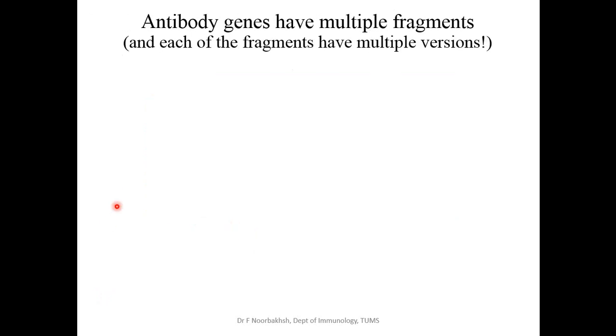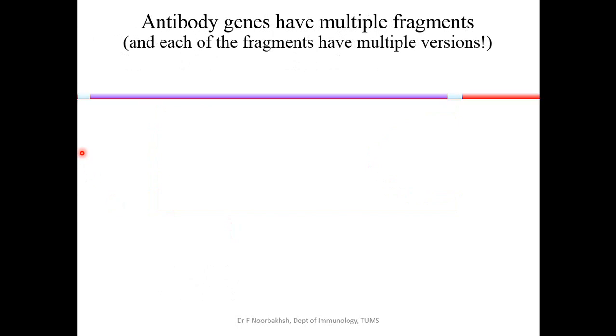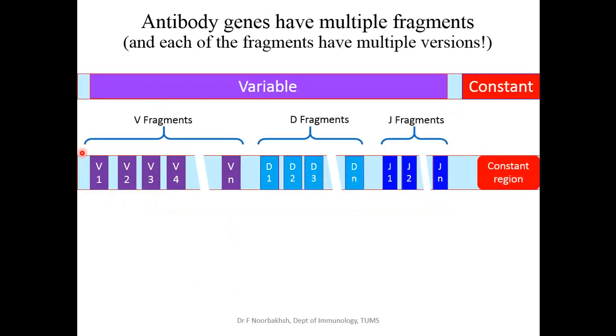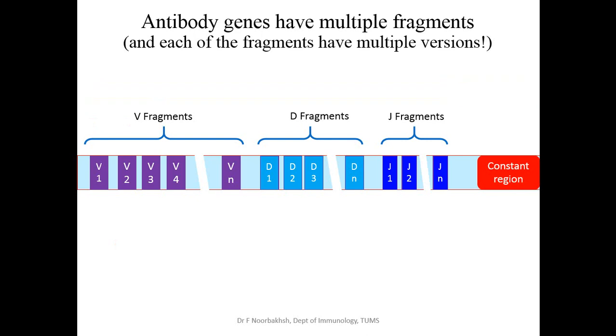So what happens when a B cell starts its development in the bone marrow? Well, we have the V fragments, multiple versions of V, D fragments, multiple versions of D, and J fragments, multiple versions of J. When a B cell starts development, the recombination process takes place in these V, D, and J fragments.